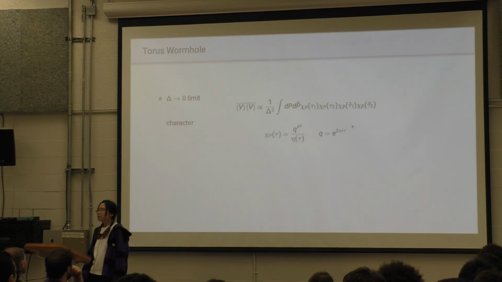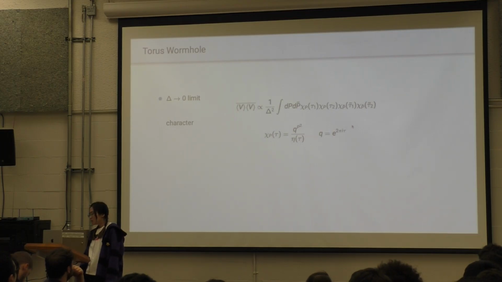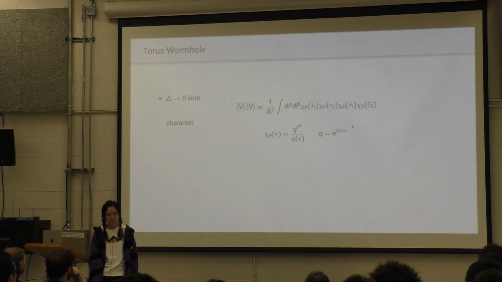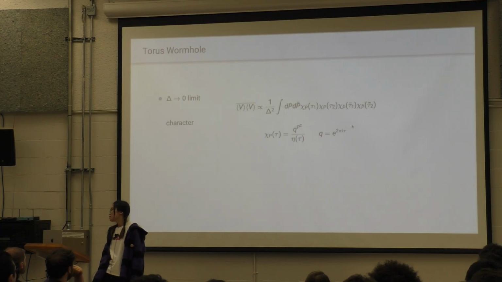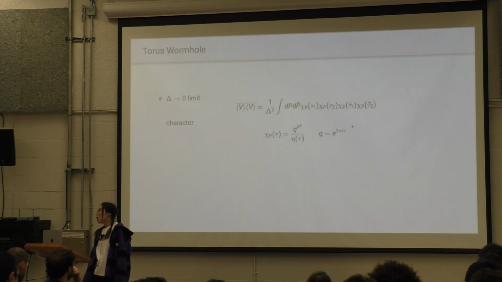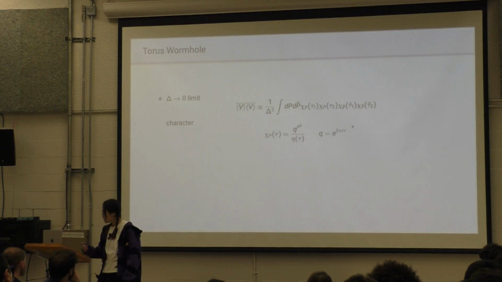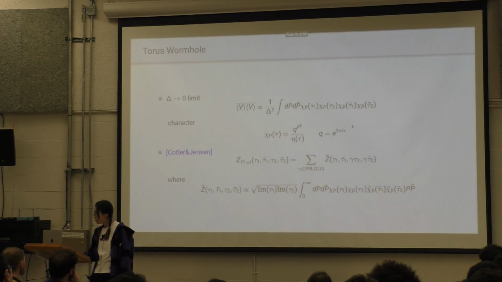In the limit that we take the mass going to 0, we get the answer for this torus wormhole with one insertion on each boundary. This is proportional to 1 over delta squared times this integral over 4 characters. So this character is given by this formula below.